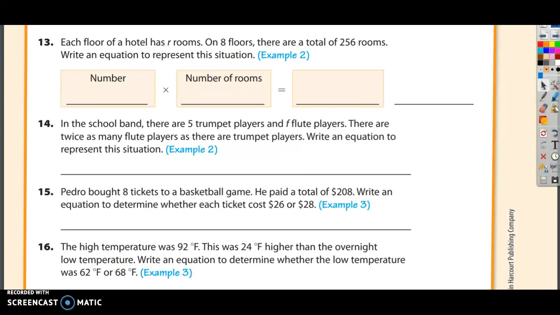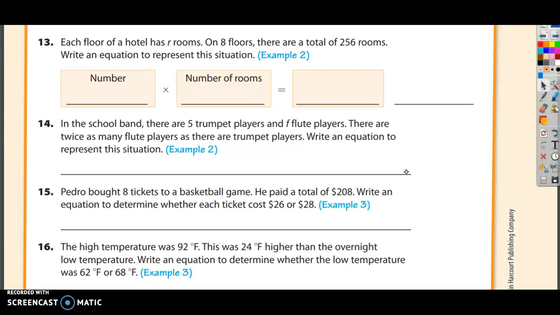So they want us to start with words, and I'm going to help you make a little bit of sense of this. The boxes here are for the words and the clues, and then we're going to write the equation over here. This is what they're doing here. Probably doesn't make a ton of sense to you, so I'm going to just help you on number 13.